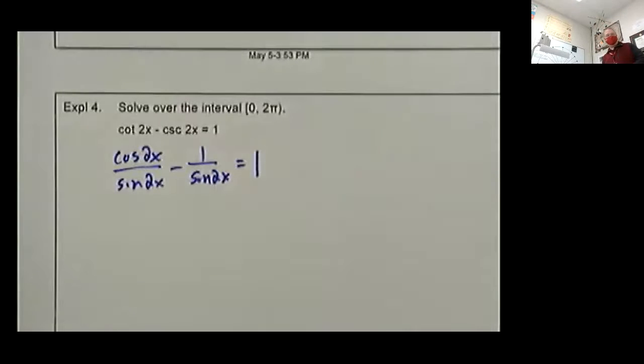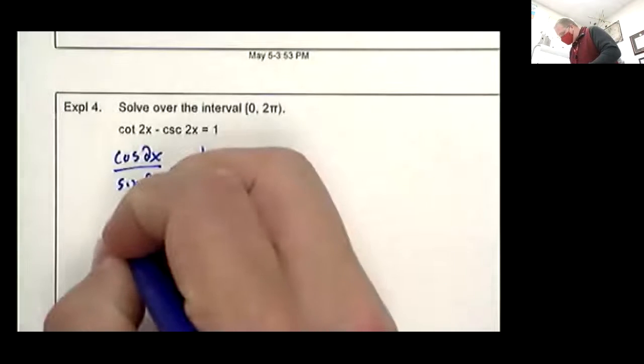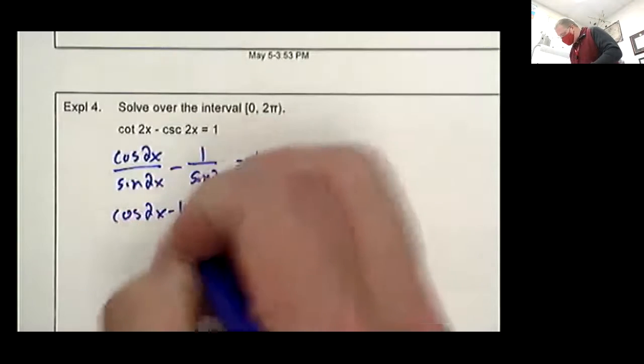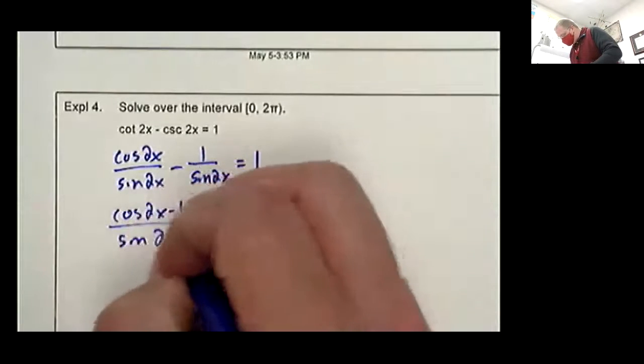From there, we can see that they have the same denominator. So because they have the same denominator, we can combine to get like terms. And so that's going to get us cosine of 2x minus 1 over sine of 2x equals 1.